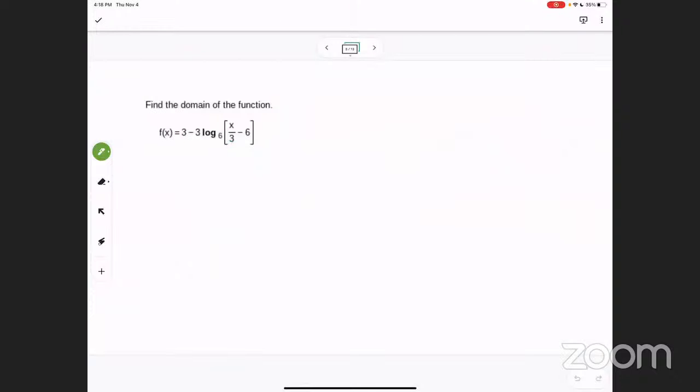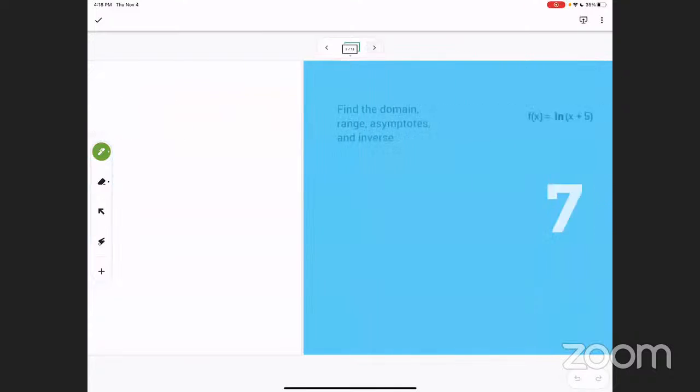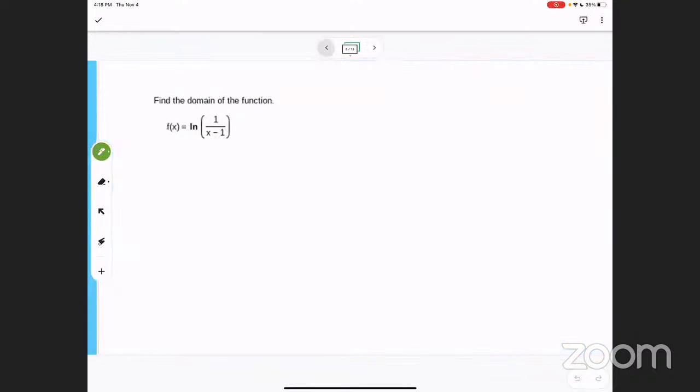Let's do the next one. Let's skip that one because that's a domain. We're doing just solving. Actually, I'll do those. The domain of a function. How do you find the domain? Well, for a log function, you cannot take the log of a negative or of 0.